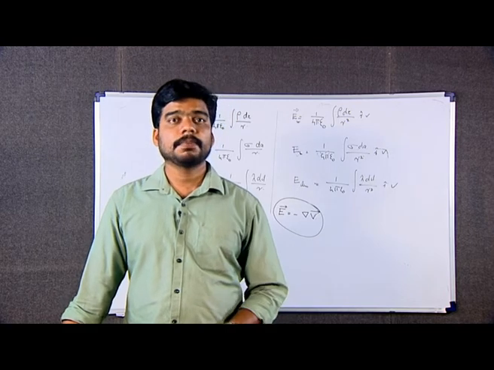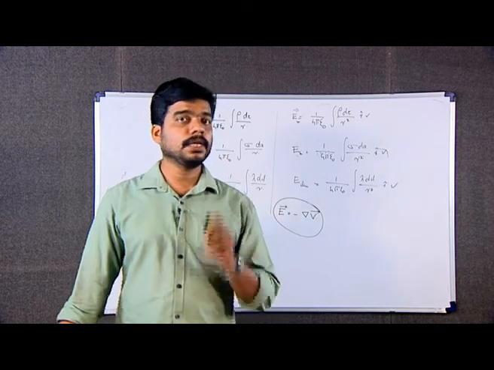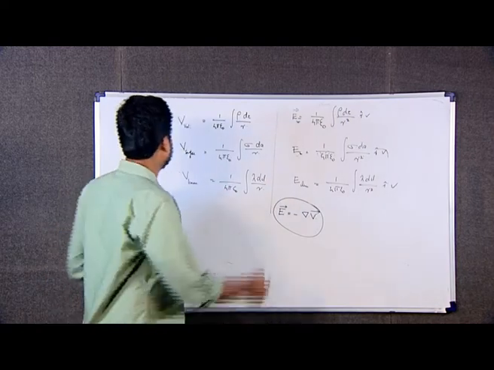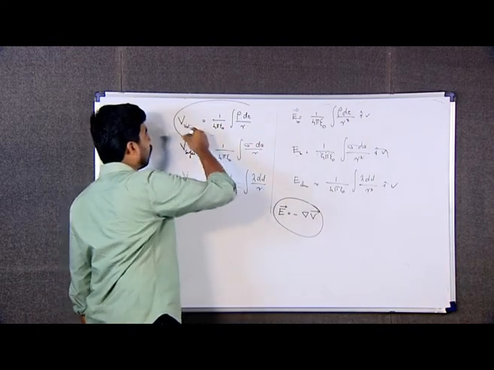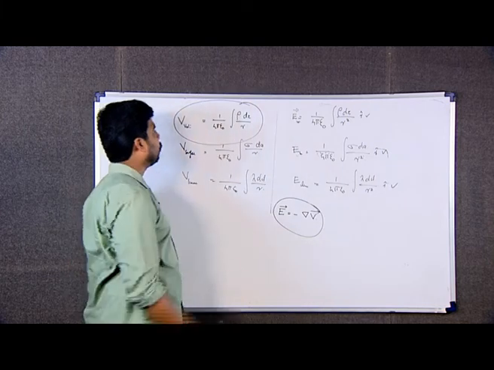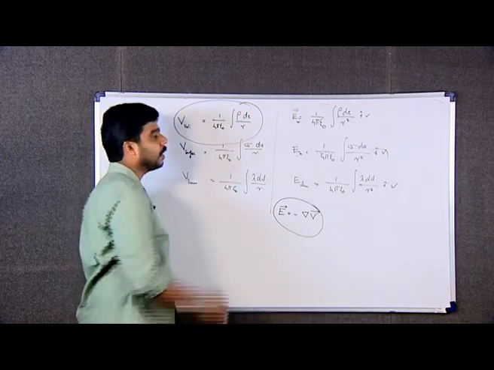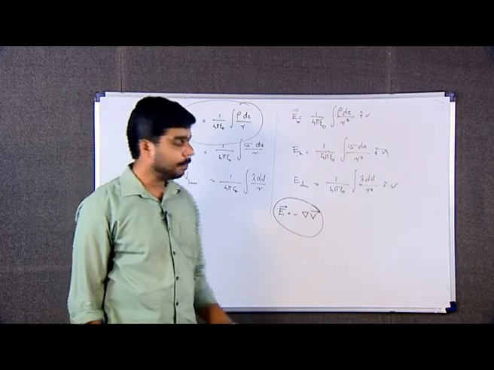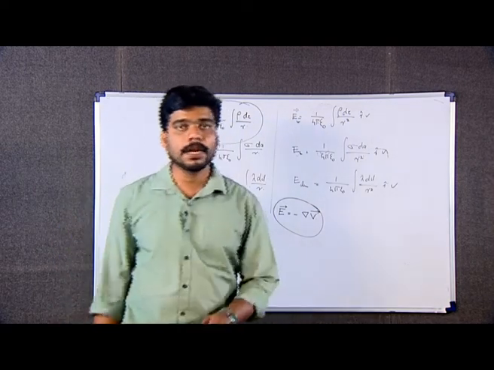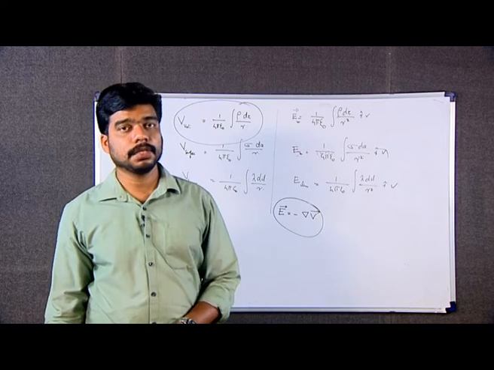And again repeating, the potential is defined as 1 by 4 pi epsilon 0 integral rho d tau by r, and from this equation, the electric field is defined as the negative gradient of this potential.